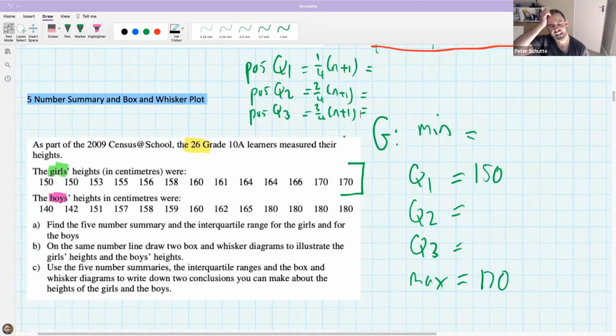What is N going to be for girls? It's going to be 13. Well done. Because it's not 26, because obviously you can see these sets are equal.